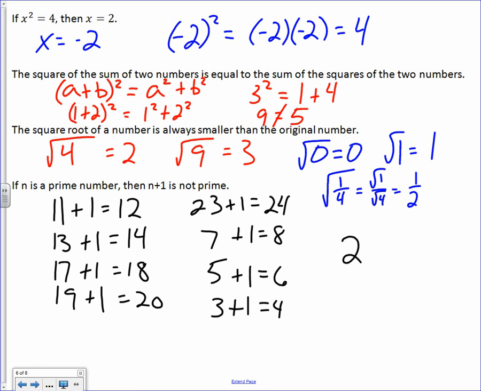It's even because it's divisible by 2, but it's only divisible by itself and 1. If you divide by 2, you get 1. So it's divisible by itself and 1, but it is a prime number. So if you take 2 plus 1, you get 3. 3 is also prime, and so this statement is false because 2 plus 1 is 3, which is a prime number.